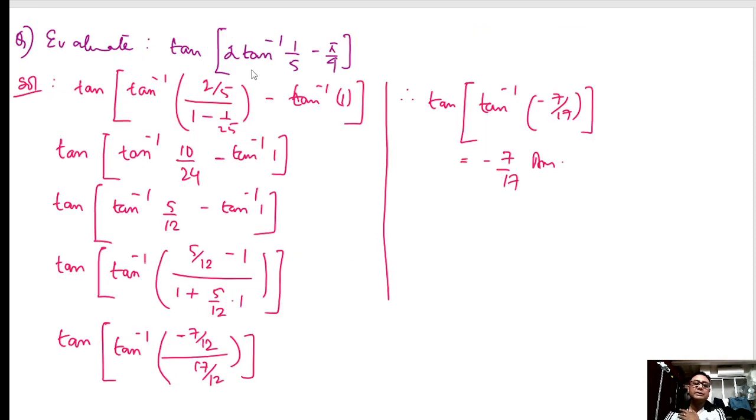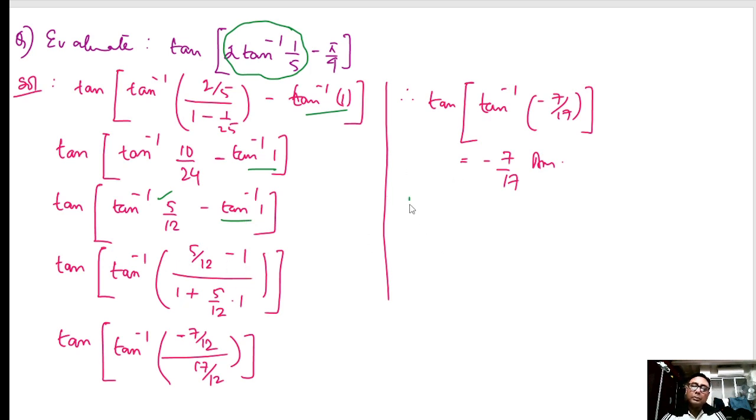Evaluate tan of this. So see, this is 2 tan inverse x, whose formula is tan inverse of 2x by 1 minus x square. And pi by 4 I am writing as tan inverse 1. So it is coming tan inverse 5 by, so this is tan inverse a minus tan inverse b. The formula is tan inverse of (a minus b) by (1 plus ab).